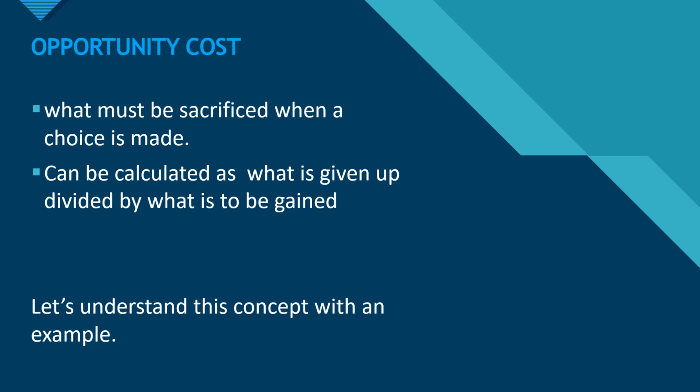So let us understand this concept with an example. Supposedly, a student has been saving money to buy a PlayStation for himself. But now his exams are approaching, so he needs to buy the course books, right? So that he can pass with flying colors in his exams.